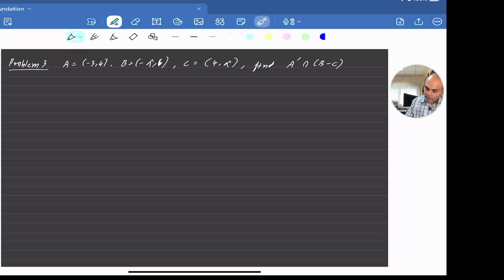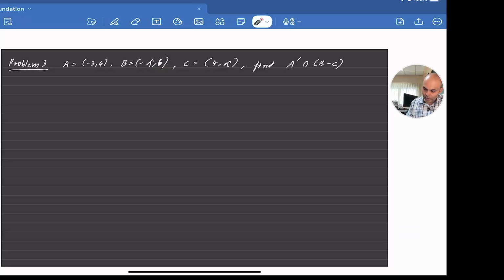So here we will have to represent the individual sets A, B and C graphically. So to do this, let's make sure that the smallest finite number among the 3 sets and the largest finite number among the 3 sets are shown clearly. So the smallest finite number is negative 3 and the largest finite number is 6.